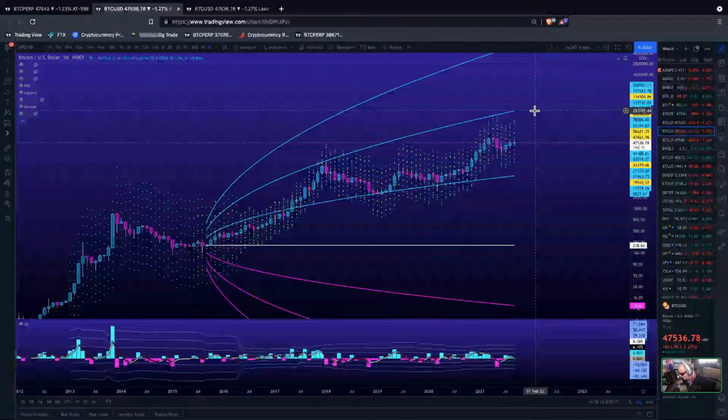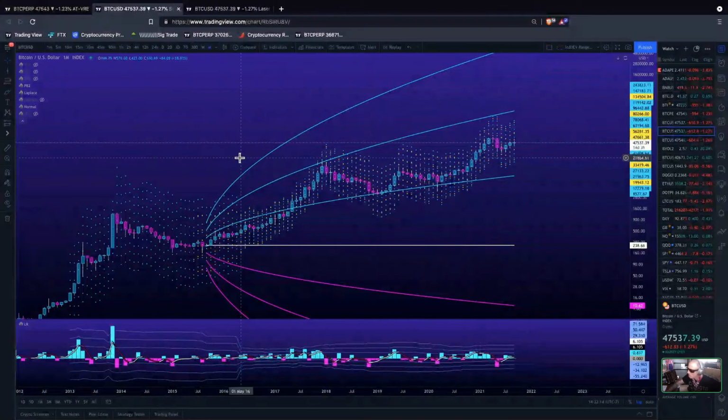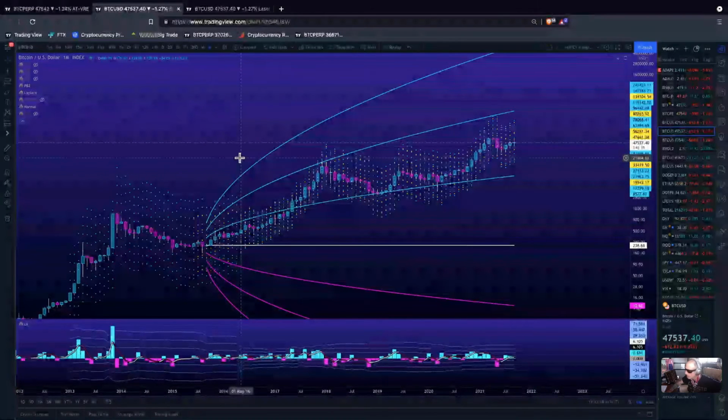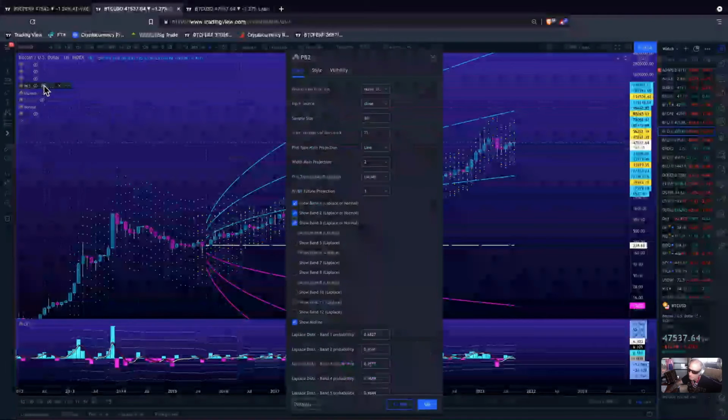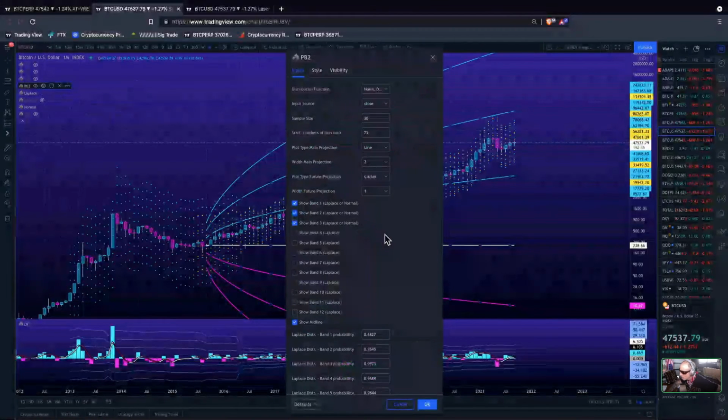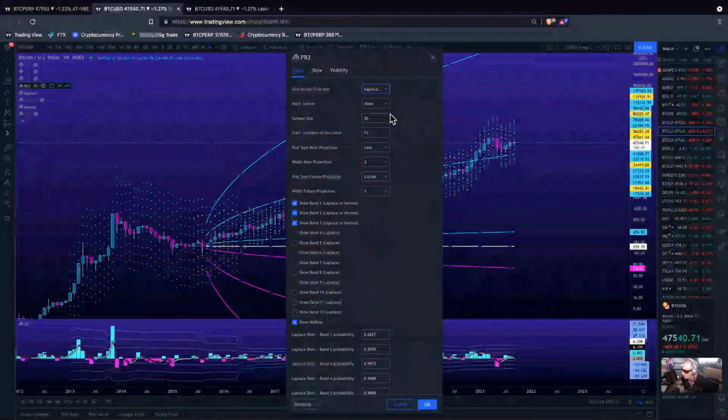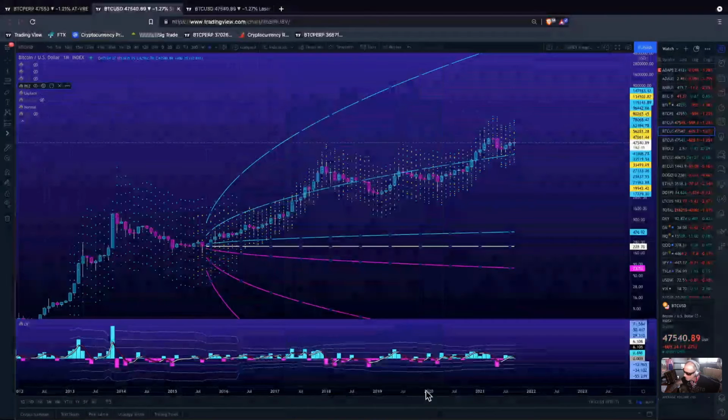And if we make a run by, let's move this out a bit. You know what? Let me flip this to Laplace distribution. You can see the difference from normal and Laplace distribution.